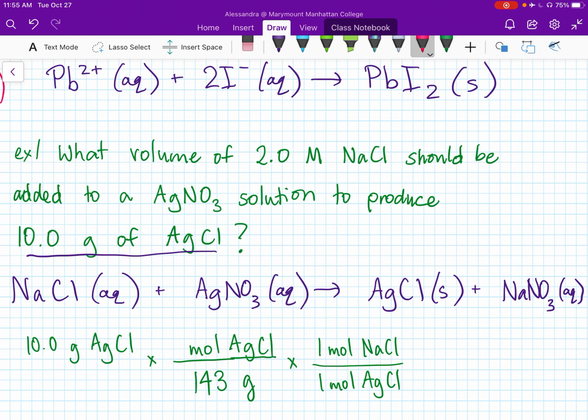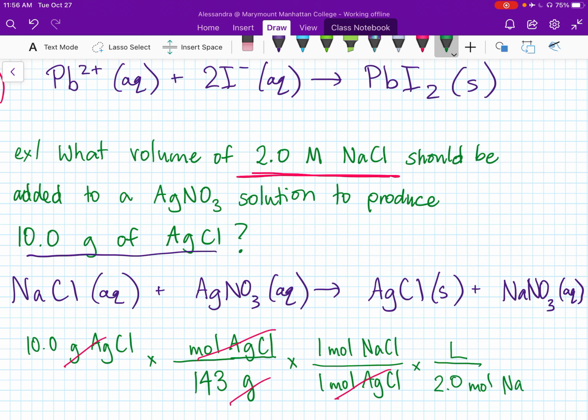So now I've set it up in a way that enables me to cancel out the grams and the moles of silver chloride. And now I can use the molarity of that sodium chloride solution to figure out the volume. I'm going to use the reciprocal of that molarity. I have 2 moles of sodium chloride per liter.